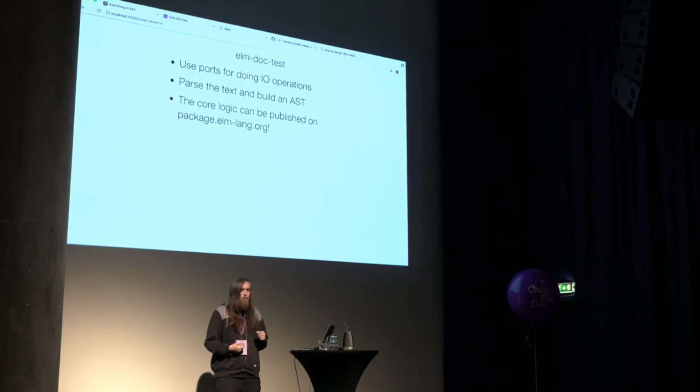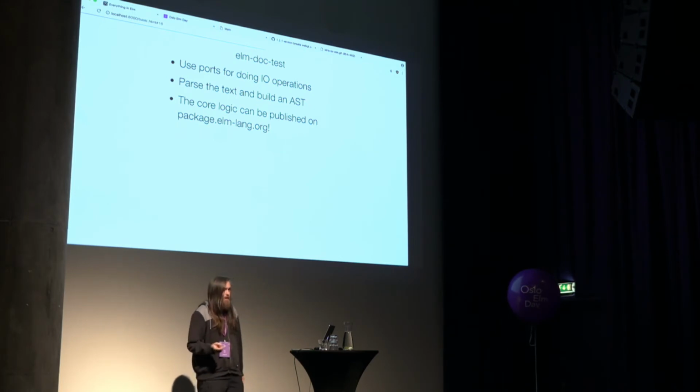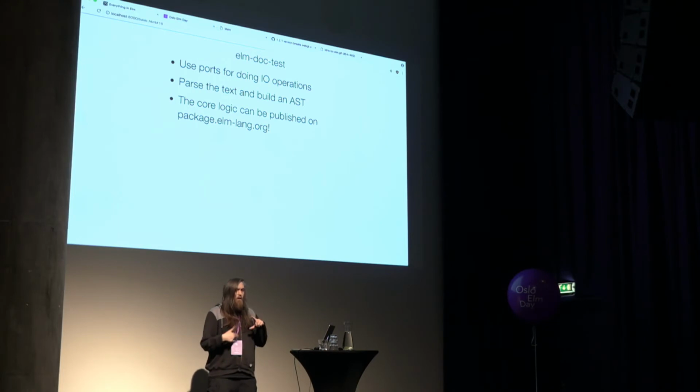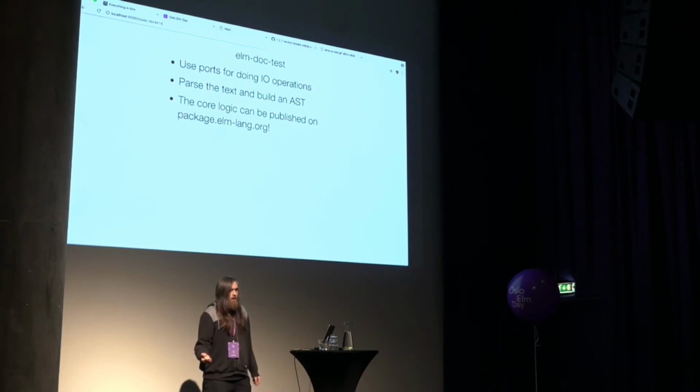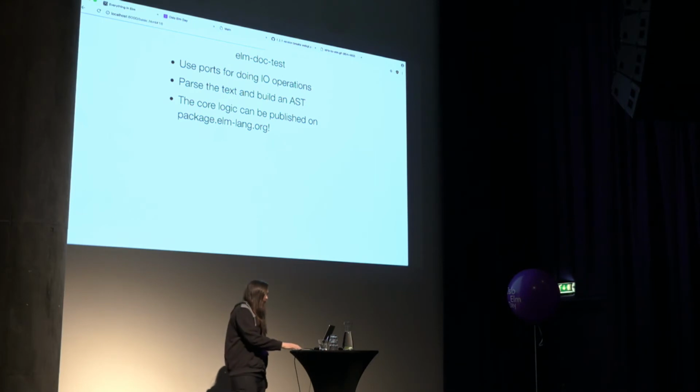And that's generally what we care most about when writing a tool like this. One benefit of that is that the core logic, the Elm part of that, can actually be published on package.elmlang. So if we wanted to use it in, say, a browser or part of our site, then we could just use the same core logic and not care about where we get the text from. So that's nice.